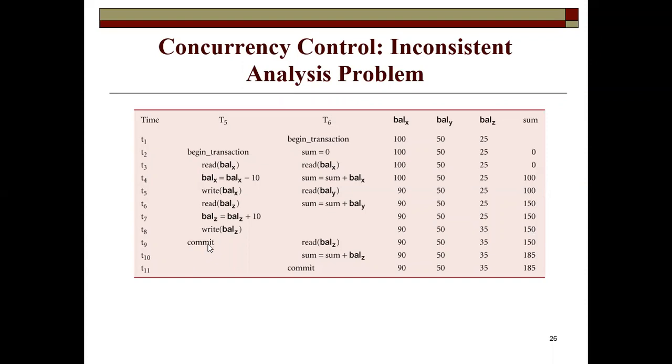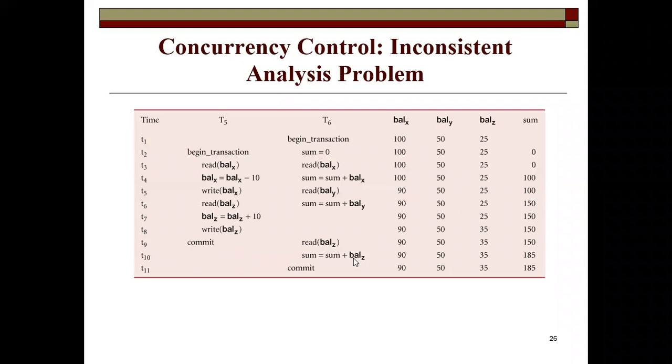At T9, we complete T5 by making its updates permanent. That means X will be at 90 and Z will remain at 35 because it has finished. And we make a reading of the balance in account Z. Since it is 35, transaction 6 holds that value of 35 for account Z. No changes have been made to the summation.